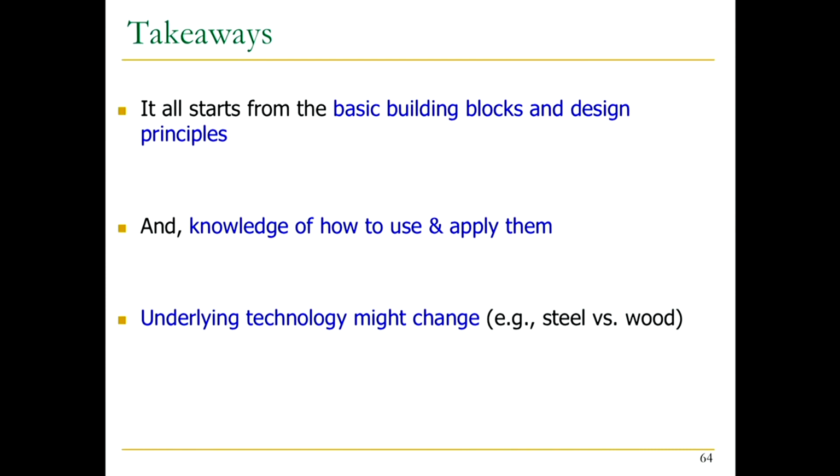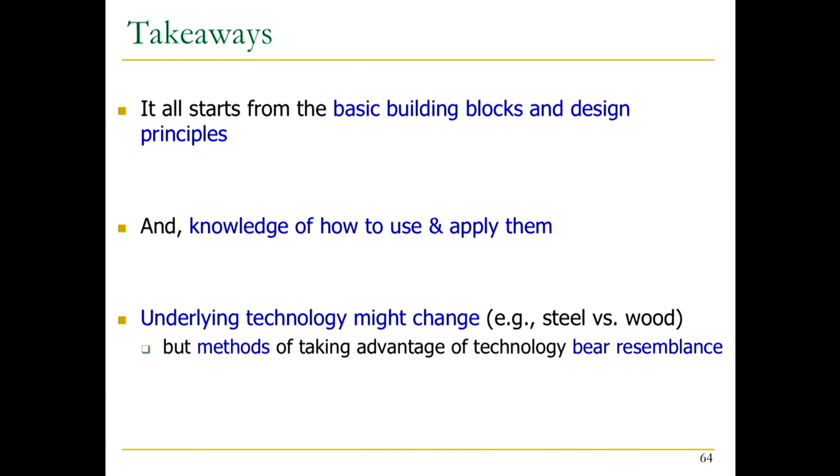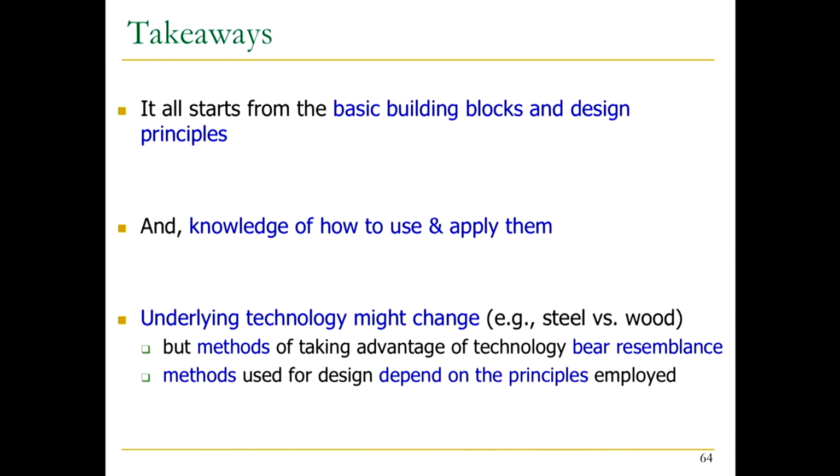In computers, it could be electromechanical designs. It could be some type of memory versus some other type of memory. But the methods of taking advantage of technology bear resemblance. And this is the really fundamental part. You need to understand how you can take advantage of this technology, or any technology, if you will. And methods used for designs depend on the principles that you employ. Clearly, Santiago Calatrava employed some principles, and he used methods to enable those principles, right?